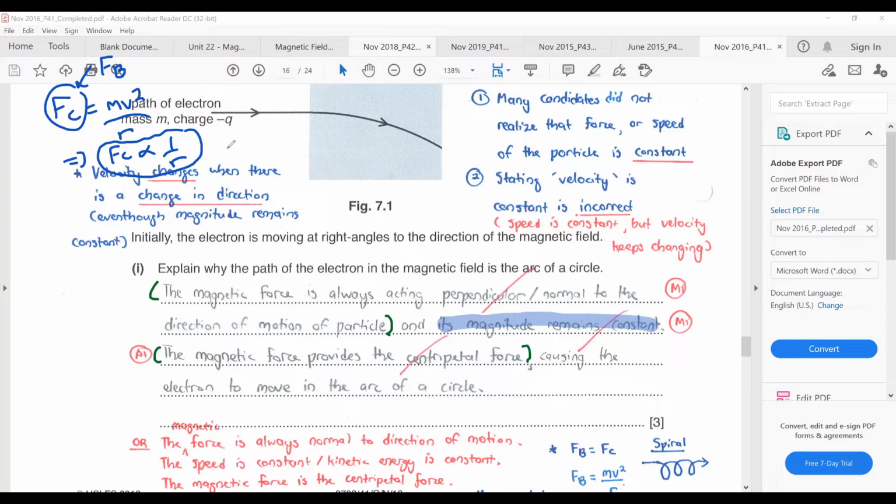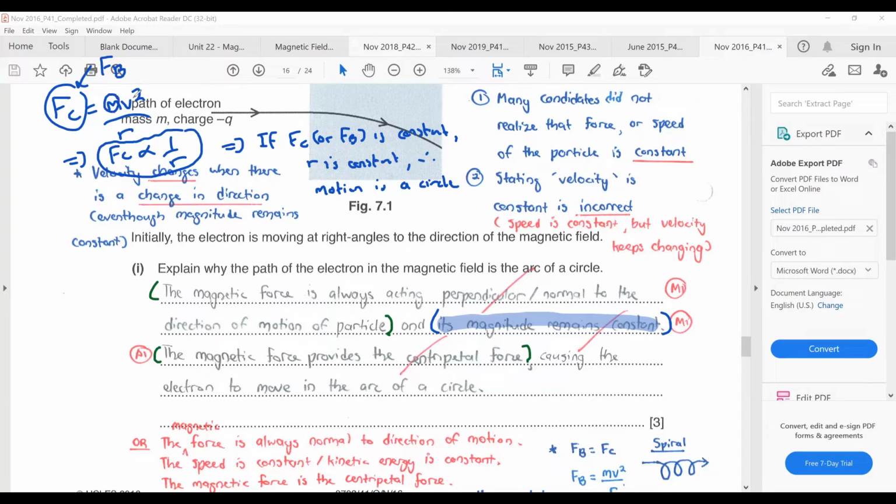So if Fc, or your Fb, is constant, r is constant, therefore the motion is a circle, right? Now your magnetic force here will always be constant, because you're moving in the arc of a circle with constant speed, so your magnitude did not change.